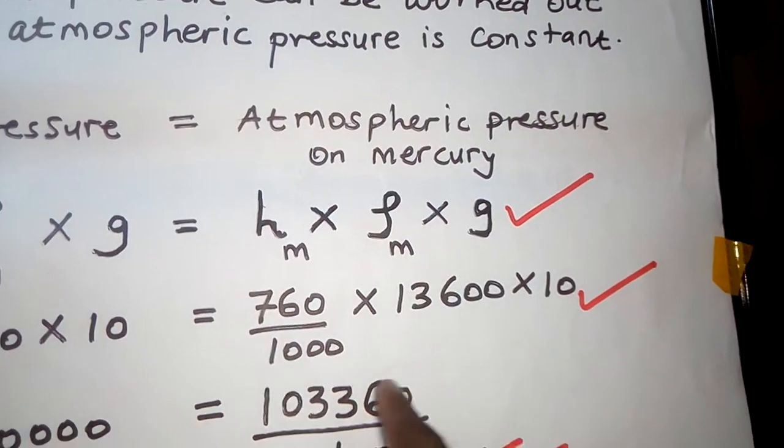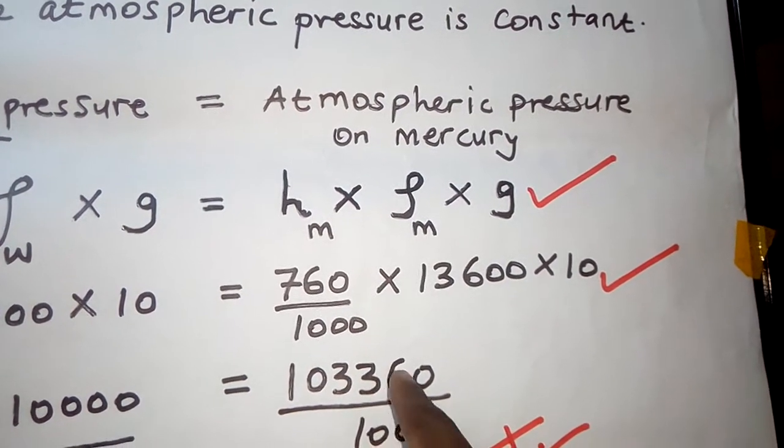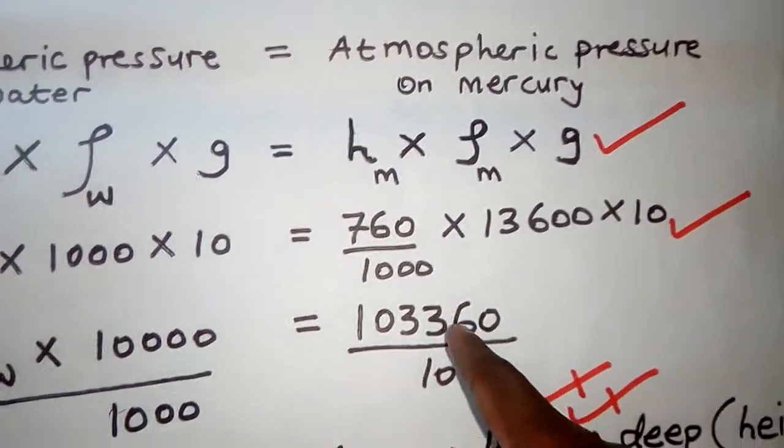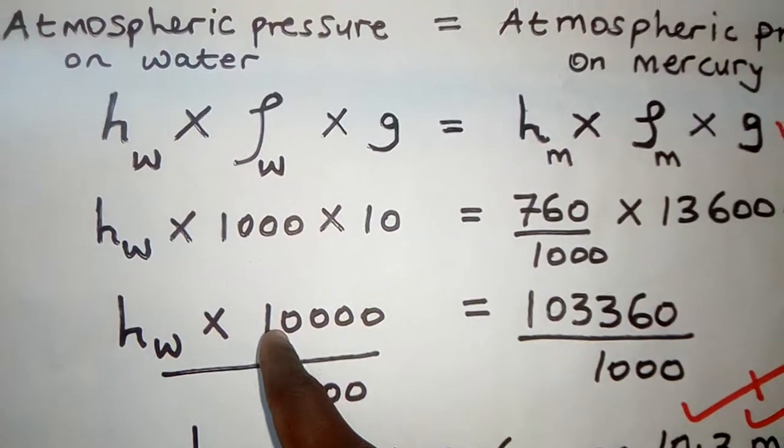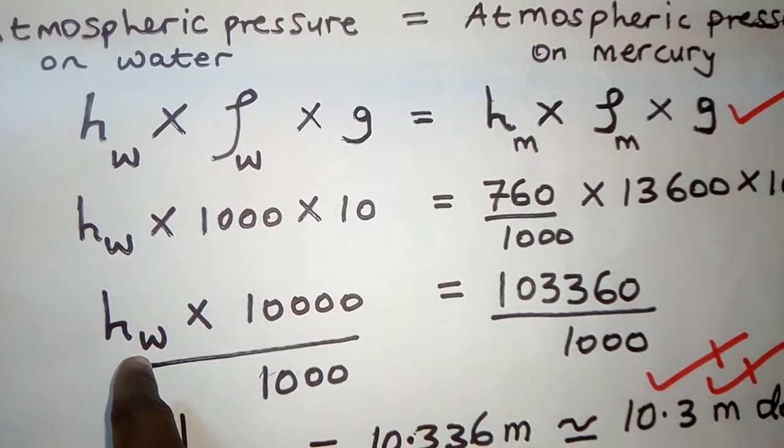When you calculate this side, you end up with 10,336, and this side is 1000 times 10, which is 10,000, times the height of water.